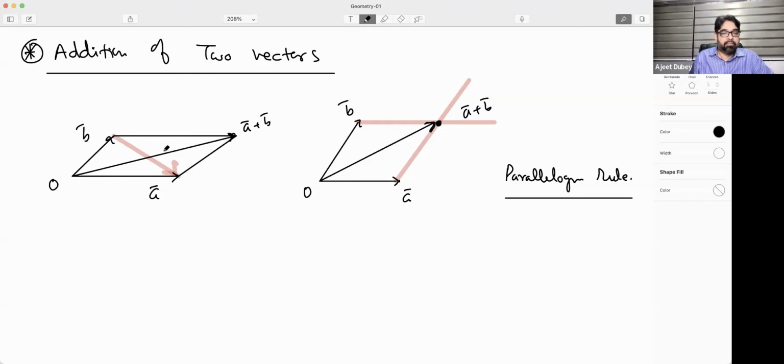Vector B minus vector A? Sir, vector A minus vector B. Yes, head minus tail: the head is A and the tail position vector is B. So this is A minus B. Wait, we already discussed this point. This is the origin, this point has position vector A, this point has position vector B. So this will be A minus B. Correct?